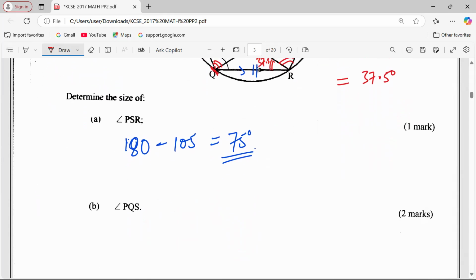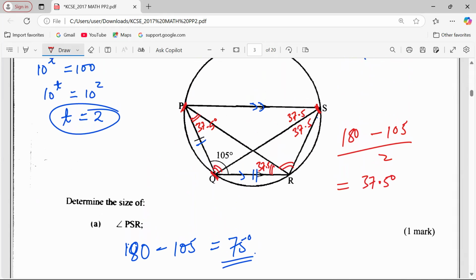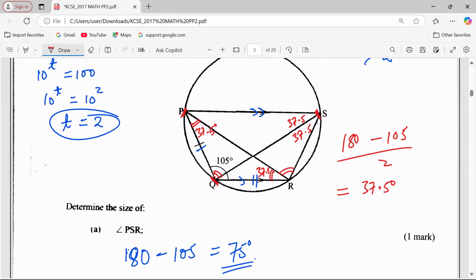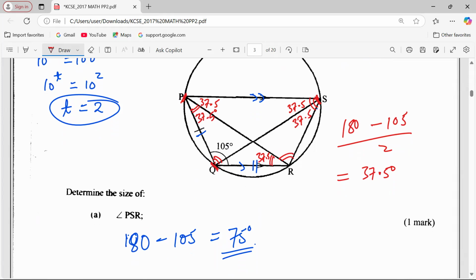Remember, we are finding the angle where Q is at the center. So with that knowledge, we should be able to solve the missing angle very quickly by taking 75 and 37.5, so that we may get the missing angle.